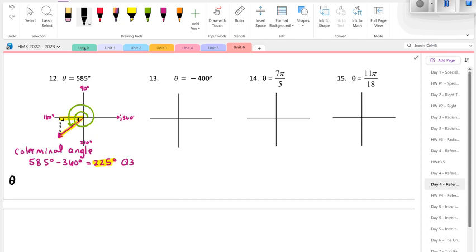So theta prime is going to be equal to, since we've gone past the 180 degrees, we take the angle, which is 225 degrees, and we subtract 180 degrees, and this gives us 45 degrees. So that means that that is my reference angle.